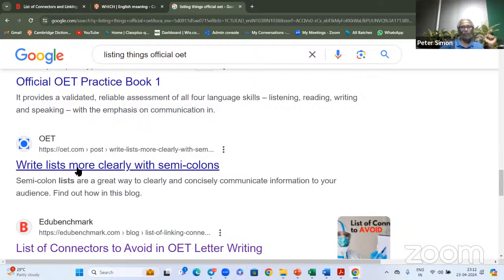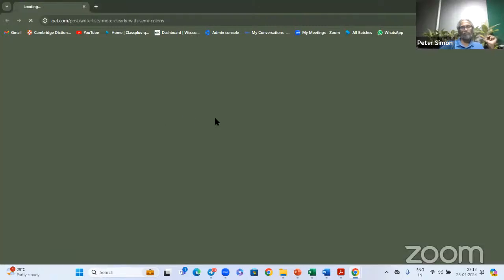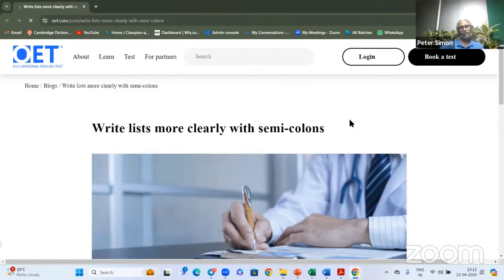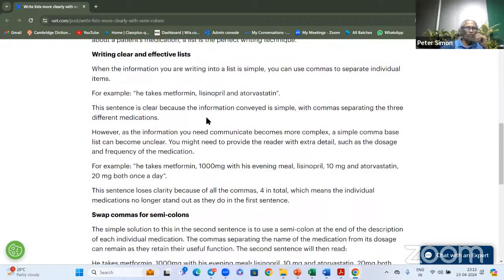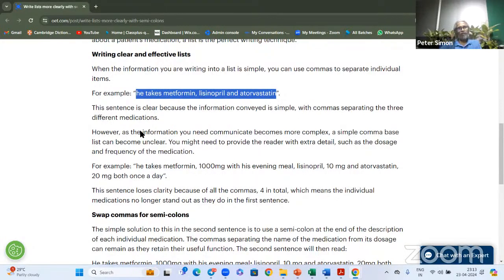Write lists more clearly with semicolons. Here you see an example with commas. He takes metformin, lisinopril and atorvastatin. Now here you'll write a quality sentence.